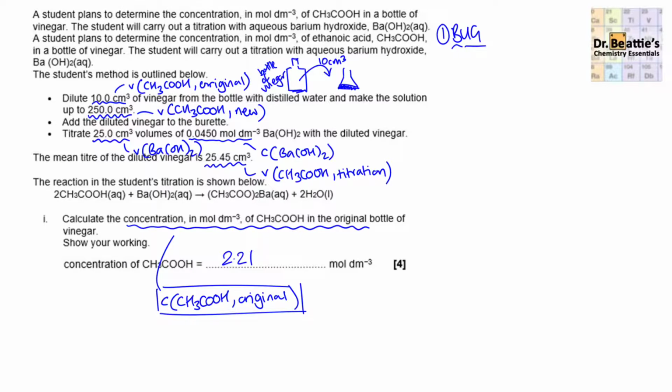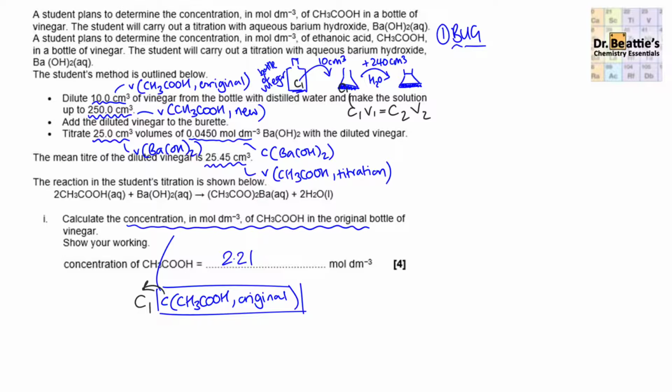And then what's happened is that's been diluted, to make up a 250 centimeter cubed solution of the original 10 centimeter cubed vinegar plus 240 centimeter cubed of water. I have to come back to this later because this is going to allow us to use the C1V1 = C2V2 equation, where C1 is the original from the bottle of vinegar, so this would have been C1, but the 10 centimeter cubed is also C1 because it's not changed at this stage.